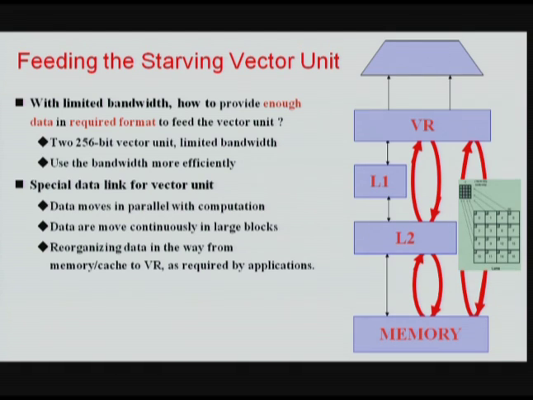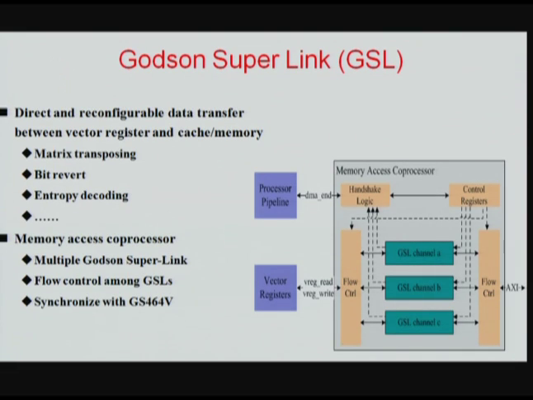We call this the Godson super link. With this Godson super link, on the way from memory to virtual register, or from vector register file to the memory, we can reorganize data in many ways. For example, we can do matrix transposing on the way.